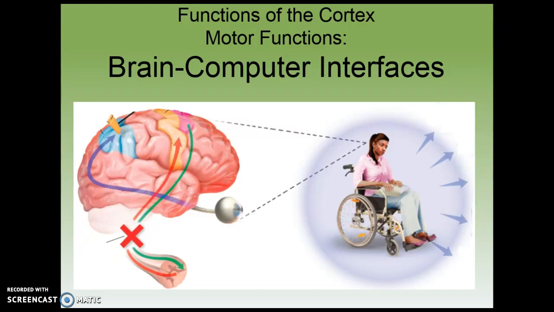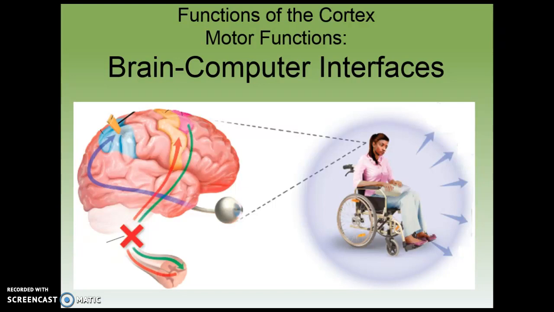Brain-computer interfaces. By eavesdropping on the brain, could we enable someone, perhaps a paralyzed person, to move a robotic limb? Could a brain-computer interface command a cursor to write an email or search the internet? To find out, Brown University brain researchers implanted 100 tiny recording electrodes in the motor cortexes of 3 monkeys.